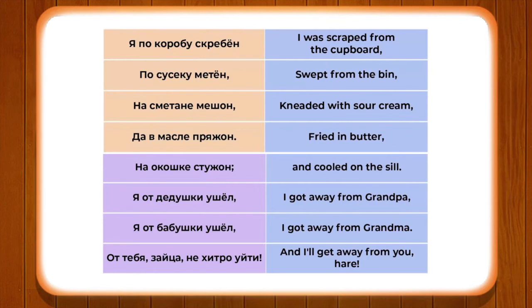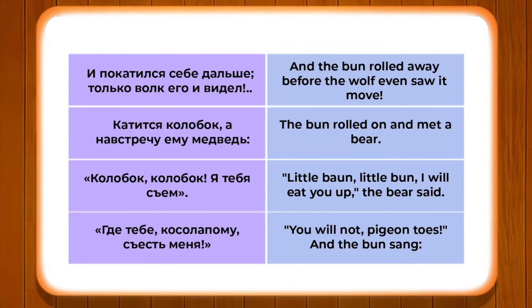So next sentence we have и покатился себе. Дальше только заяц его и видел. И покатился себе. That means here покатил. As you know, there are two types of verbs, reflexive verbs and non-reflexive verbs. So here покатился is a reflexive verb. You will study this aspect in detail later on, or you may have already studied it. So покатился is the reflexive form of the verb, where the action reflects back to the subject.